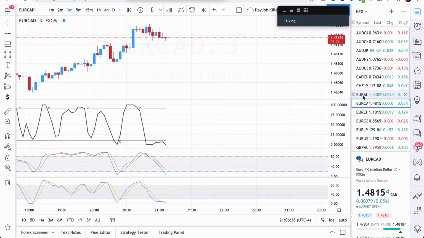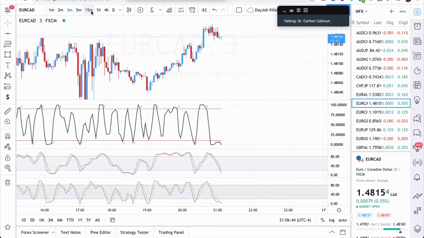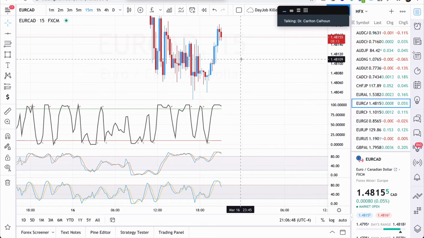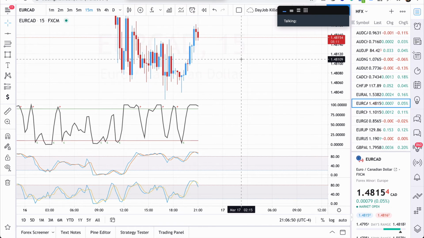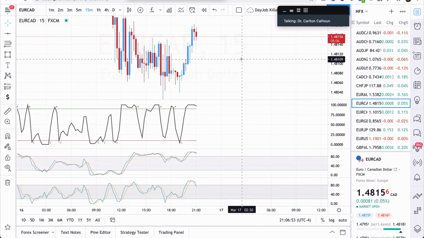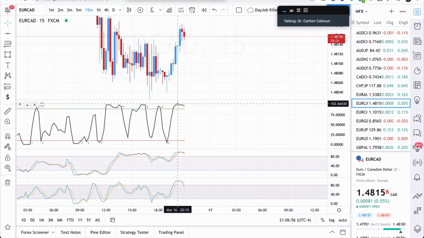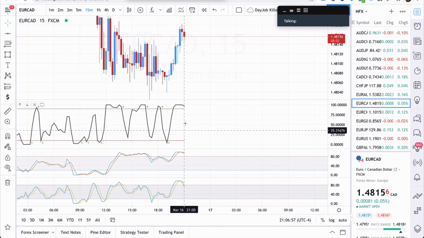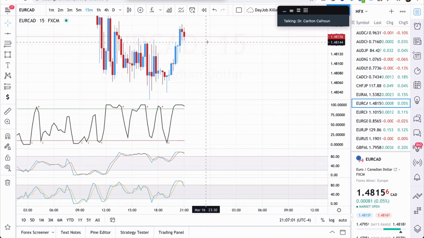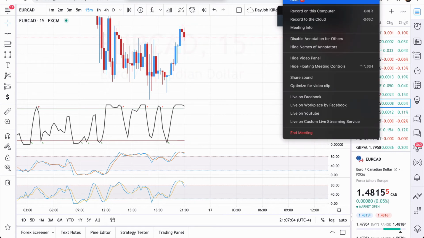Let's see what else. EuroCAD. EuroCAD is in an uptrend. So on the 15 minute, it's setting up for a put. See this on the 15? In fact, I'm wondering why it hasn't given already.